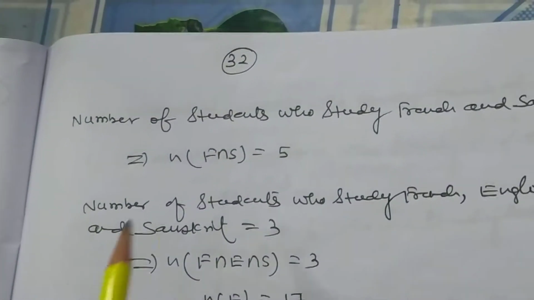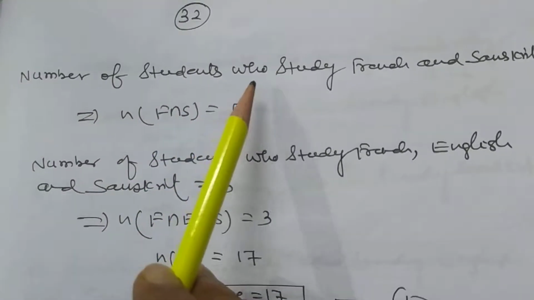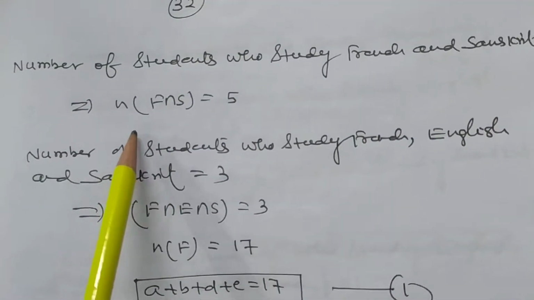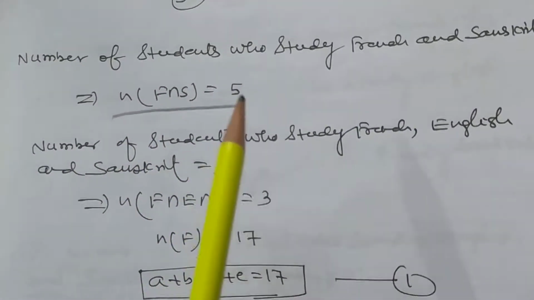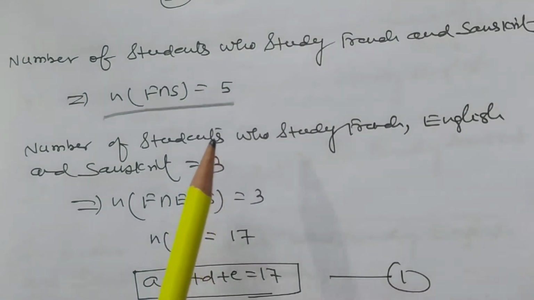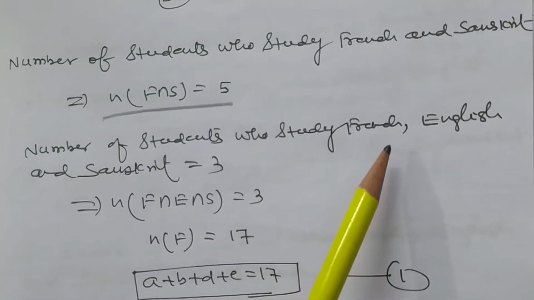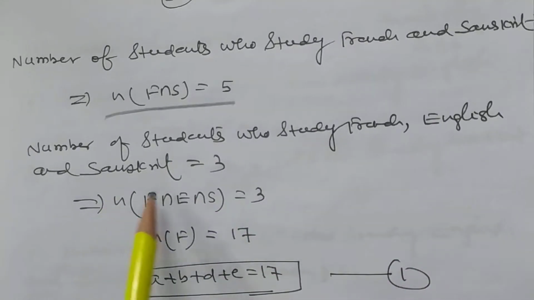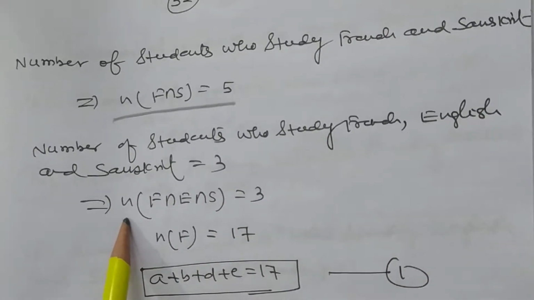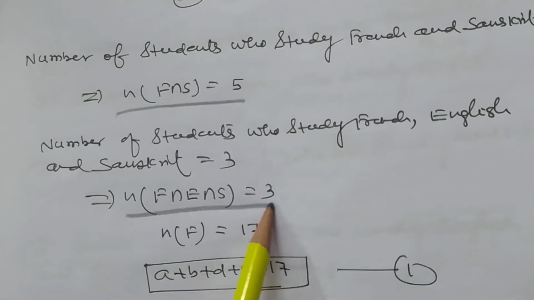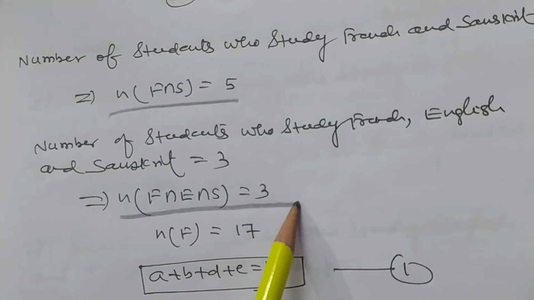Number of students who study French and Sanskrit, that is the cardinal number of F intersection S, is equal to 5. Number of students who study French, English and Sanskrit, that is the cardinal number of F intersection E intersection S, is equal to 3.